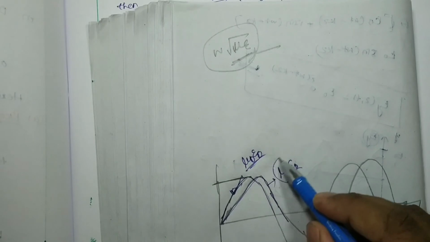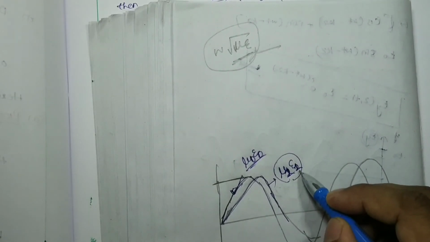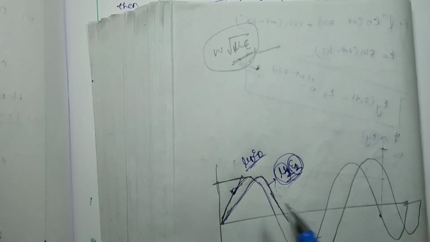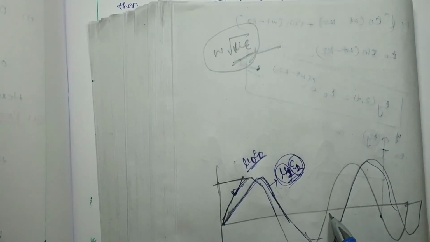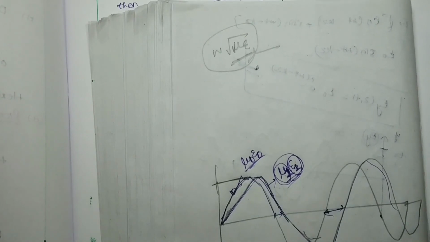Whenever we consider a medium having permeability mu1 and permittivity epsilon1, only its phase is going to be changed this much, but the amplitude is not going to be changed.